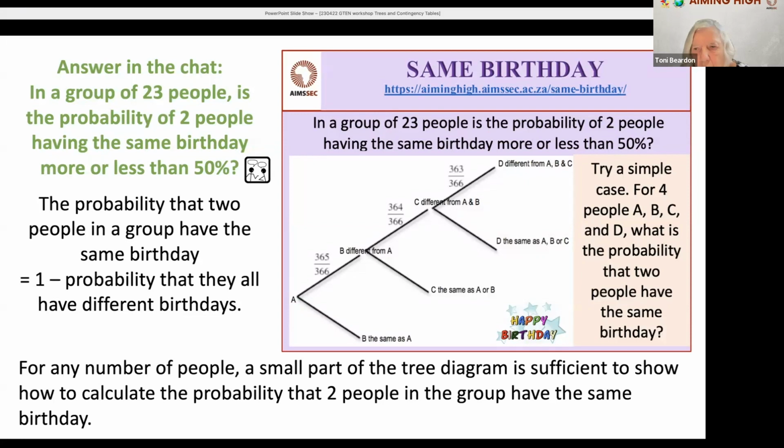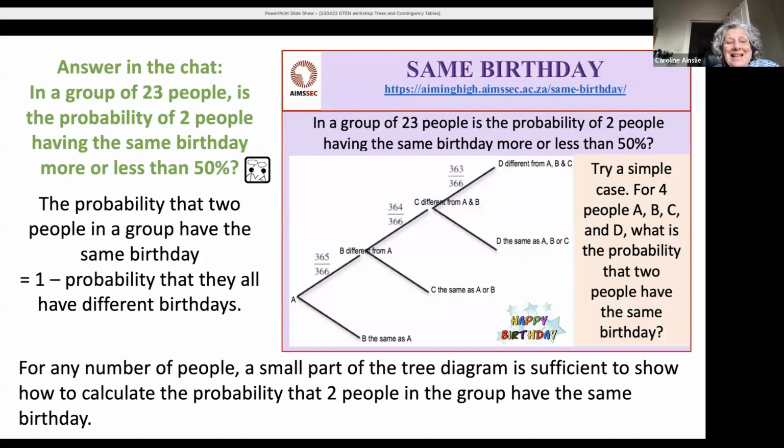Question: what is the probability that 2 people have the same birthday? Now, it's easier to work out the probability they all have different birthdays, and then subtract that probability from 1.